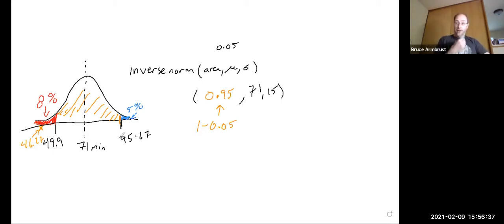But I'm going to show you another trick for that too. Let's say we didn't want to actually do this inverse norm, we had just done the 5%. I want you to check this out. Look at what the difference is between 71 and 46.27.